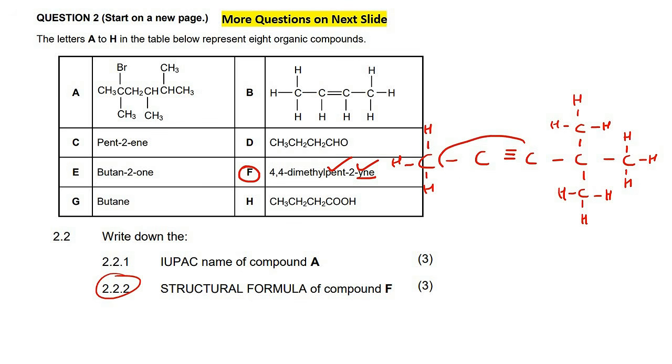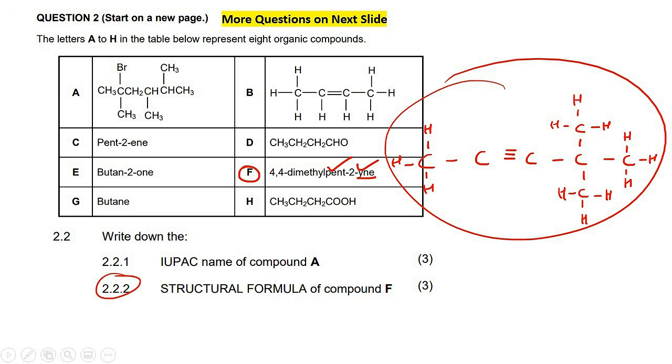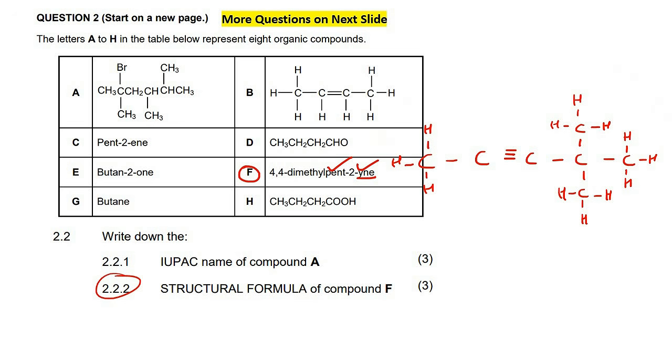Okay, so here you won't add anything because this carbon is already surrounded by 4, and this carbon is already surrounded by 4. Okay, and so that would be your answer. And as I said, you could also do it the other way around. Okay, so yours might be the other way around.